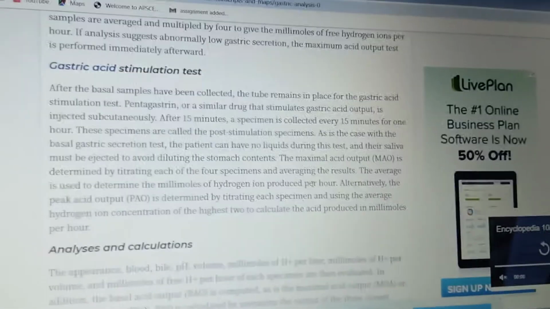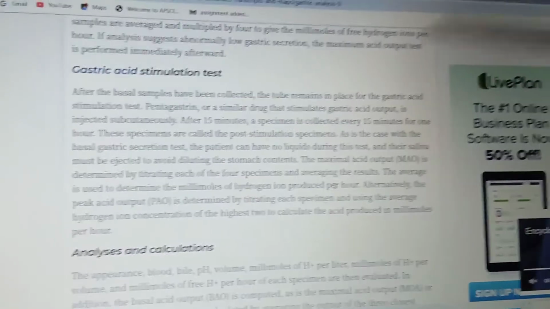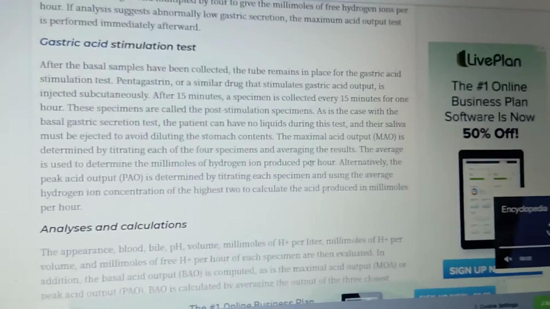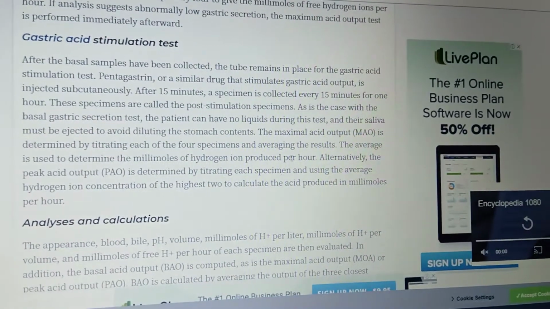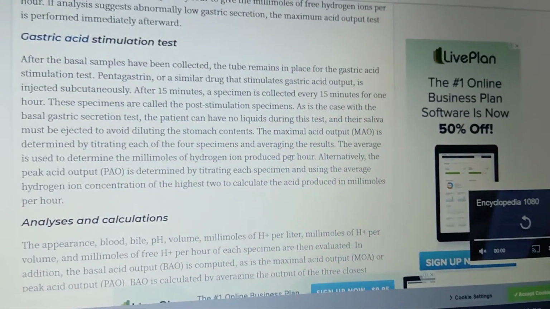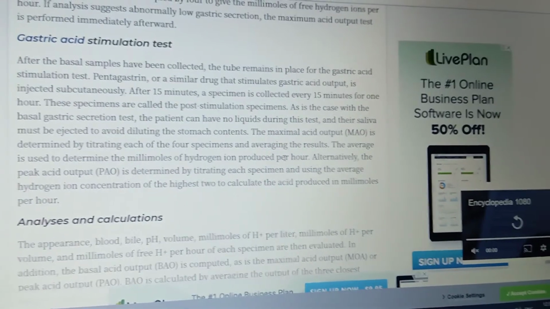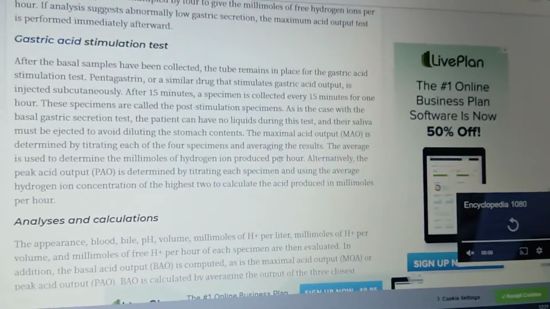That procedure is called the post stimulation specimen. And here the same precautions apply: do not give any fluids to the patient, and avoid swallowing saliva.